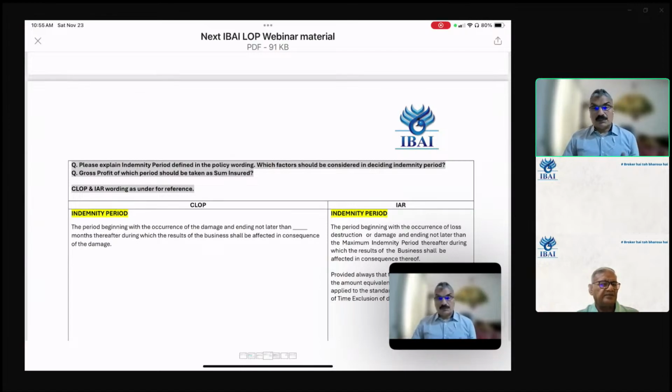So essentially it's very difficult to say that this is the period. What is generally done is you take the entire financial year or the maximum indemnity period and see during which period this impact has been felt in the balance sheet. And that is your indemnity period.